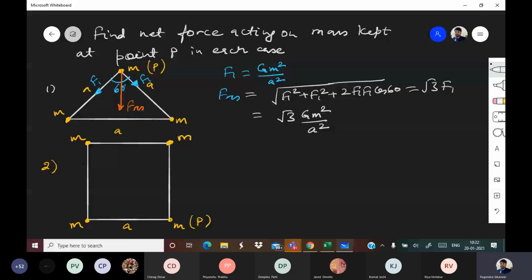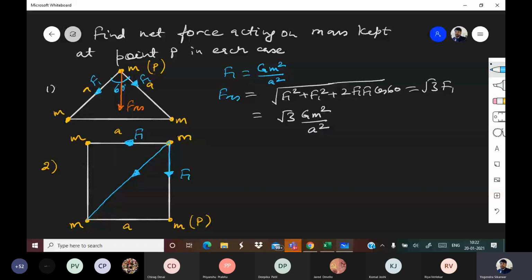Okay. Now let us talk about second question. So in second question, force due to this, let's say it is F1. Magnitude wise, this will also be F1, so I am calling it F1 only. And force due to this will be F2.